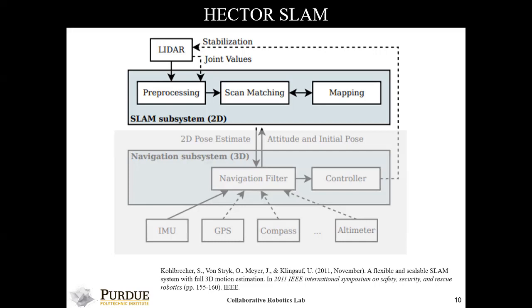We're going to use that here in Hector SLAM, where the LiDAR data gets pre-processed. It then does scan matching on successive values in order to either look at a map or relate it to a map. Then there's this navigation subsystem down here, which we haven't yet talked about, which is where are we going to go, and how are we going to control the robot to actually get there?